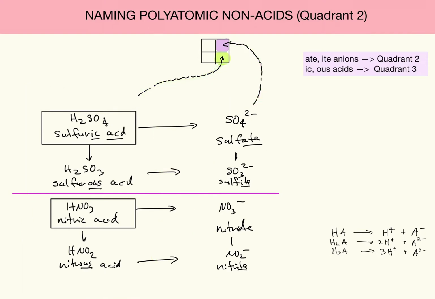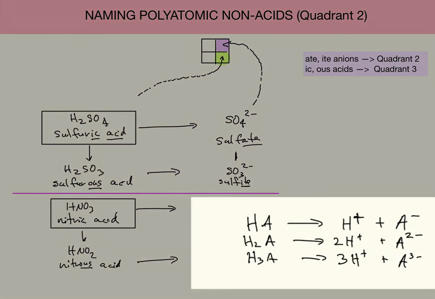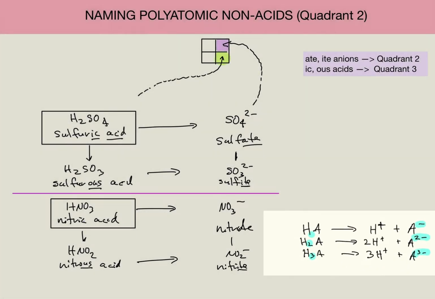As a quick aside, note that we've only dealt with 3 types of polyatomic acids: those that have only one acidic hydrogen, in which case the anion becomes a -1, those with 2, the anion becomes -2, and those with 3 acidic protons, in which case the anion is necessarily going to become -3.